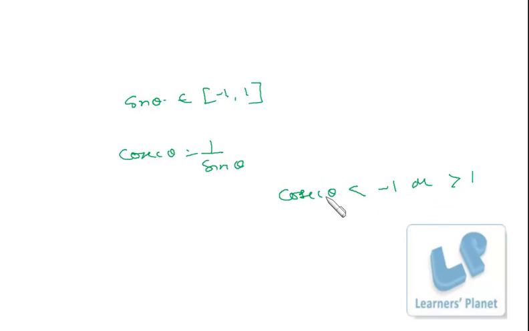That means cosec theta will not have any value between minus 1 and 1, because it is the reciprocal of sin theta. If sin theta lies between minus 1 and 1, cosec theta will have all the values apart from this range, right? So cosec theta is less than or equal to minus 1 or greater than or equal to 1, right?